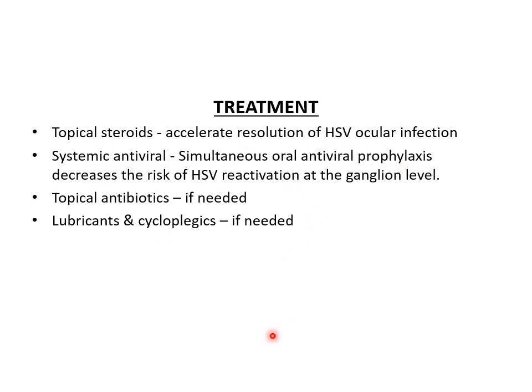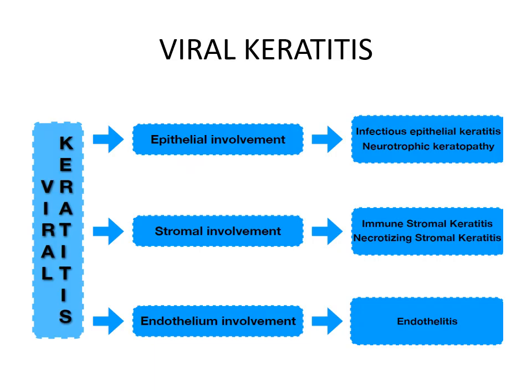It has been found in the Herpetic Eye Disease Study that it decreases the risk of HSV reactivation thereafter. Topical antibiotics if needed, lubricant and cycloplegic if needed, systemic steroids if needed, but it is extremely rare. So the mainstay of treatment is topical steroids in immune stromal keratitis.